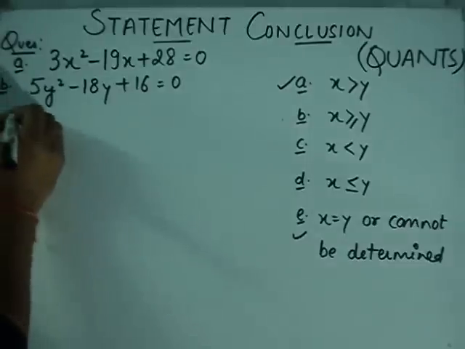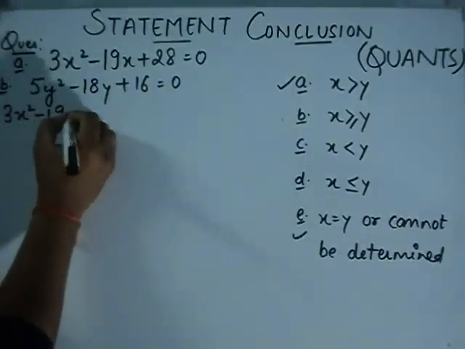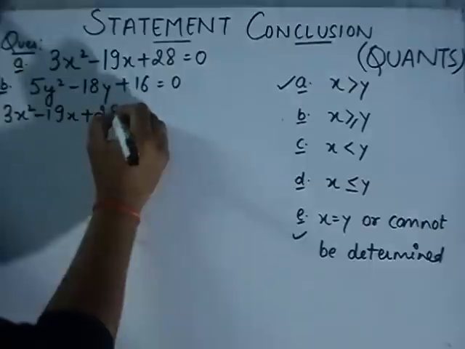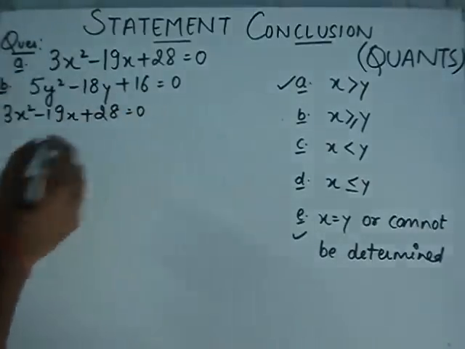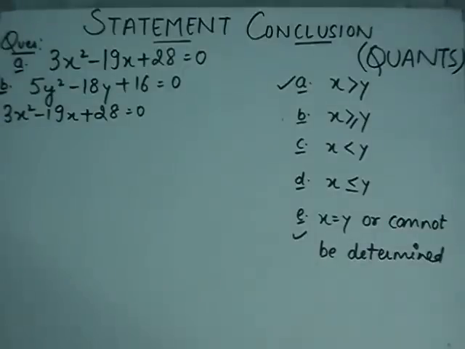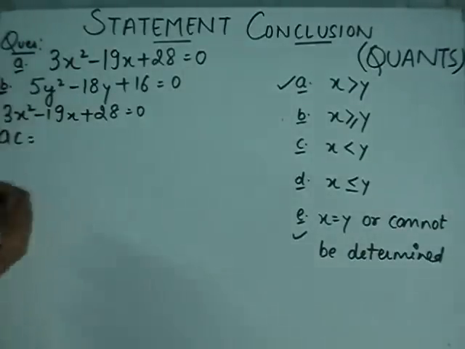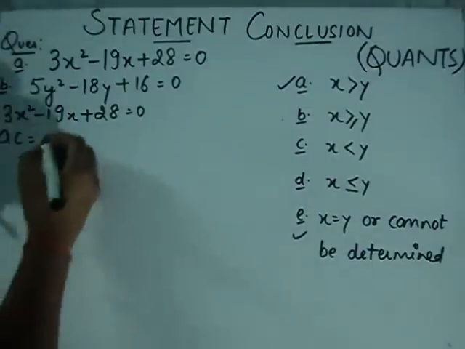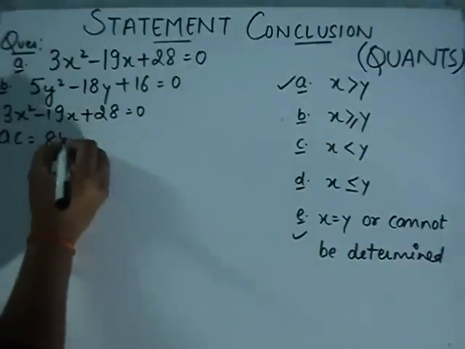I am going to solve the first equation, 3x square minus 19x plus 28 is equal to 0. In this, one sign is negative and the other is positive, meaning both the roots are positive. So calculate AC, which is 28 multiplied by 3, we get 84.